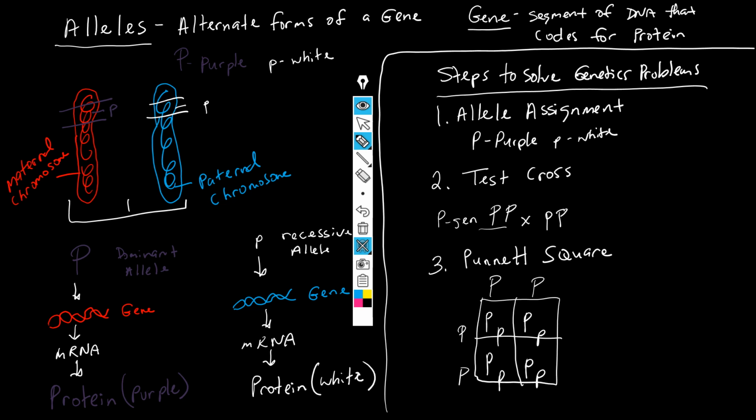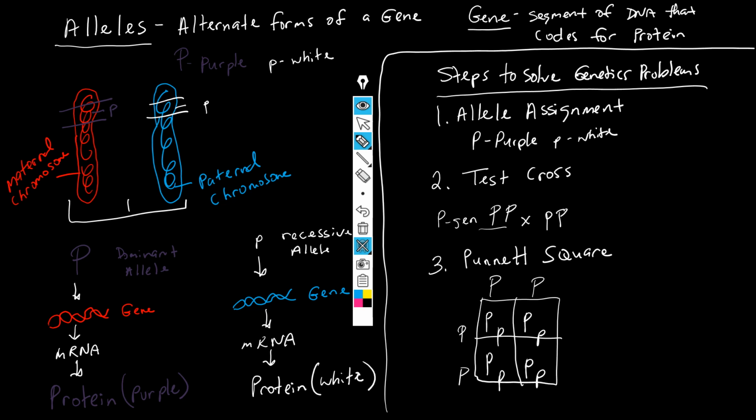Now, it's going to be a little different when we look at incomplete and codominant problems, because we're going to be using different letters, and both of those letters are going to be capitalized. And so I'll give you some strategies there to help you keep things in alignment so that you don't flip-flop and mix them up so that it looks like different things when it's actually not. So we'll cross that bridge when we get there.